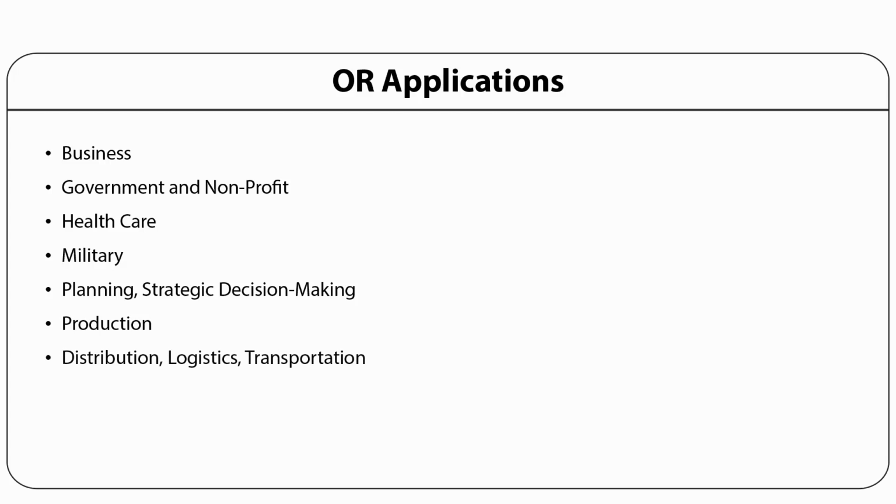Besides this, distribution, logistics, and transportation also have OR applications. One of the major areas where OR is very much applicable is supply chain management. Besides this, OR is quite effective in the marketing sector as well. Lastly, in the financial sector, OR applications can be seen to a large extent.